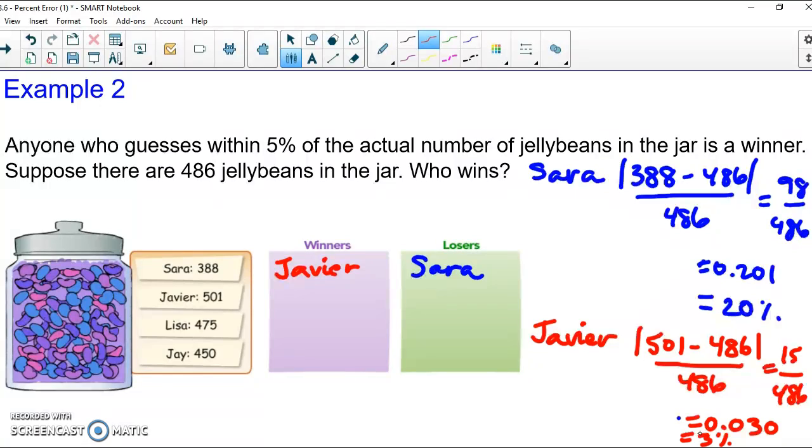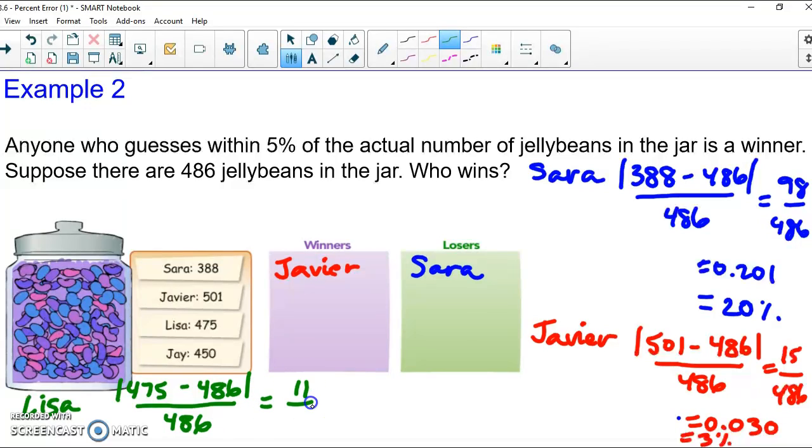All right, let's see how Lisa did. So we'll do Lisa over here. Lisa estimated that there were 475 jelly beans in the jar. So I'm going to take my estimated value minus my actual value, find the absolute value of that difference, and then divide by the original, which is 486.